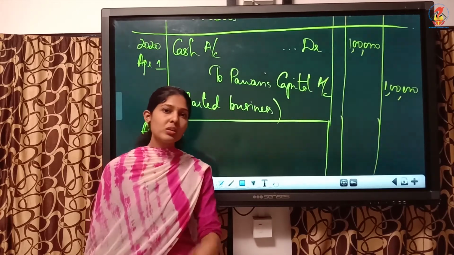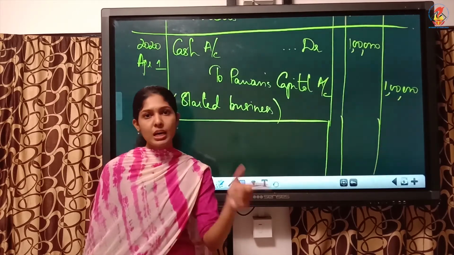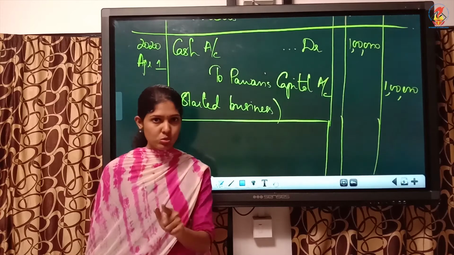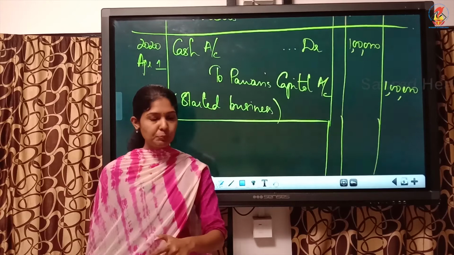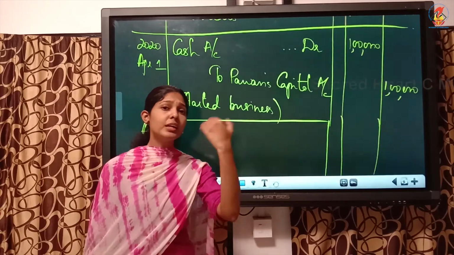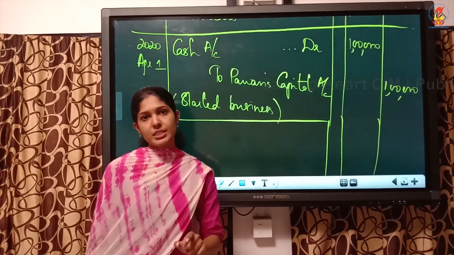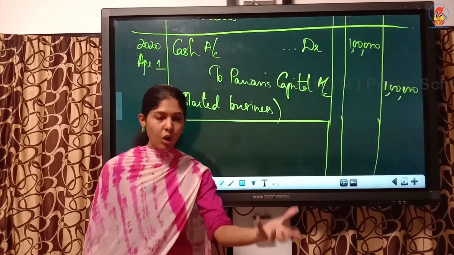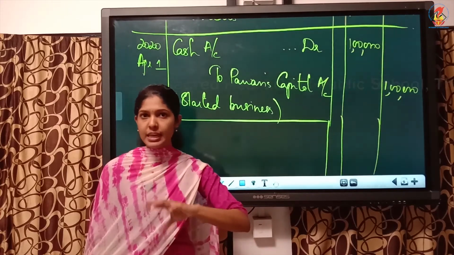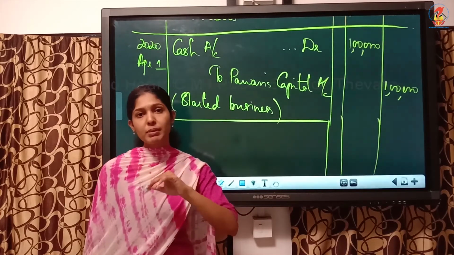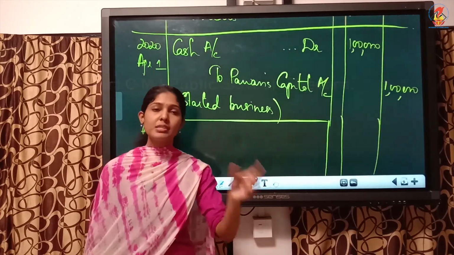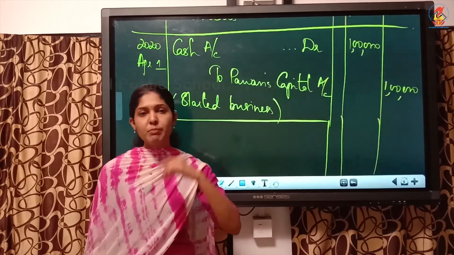Of course yes, because that is the owner's amount. If the owner's amount is used by the firm, we will return it in the form of capital, isn't it? Capital is the amount of the owner. That's why we always write it as to capital, because that should be given back to the owner. It's a liability for the firm.